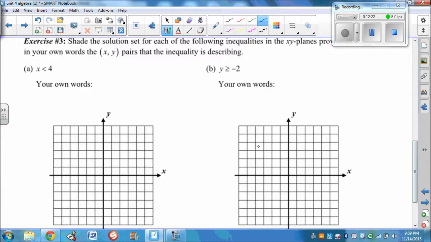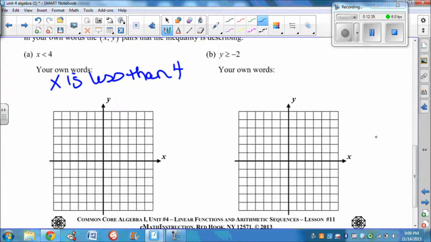So x is less than 4. So if I graph x is less than 4, okay, x is going to be that vertical line.